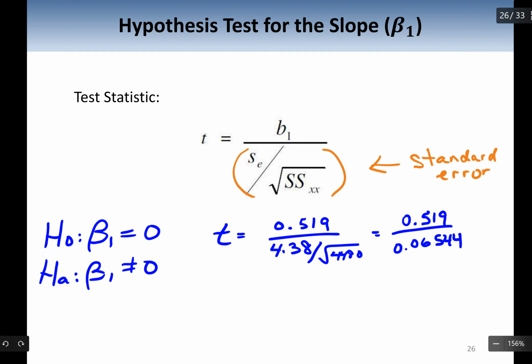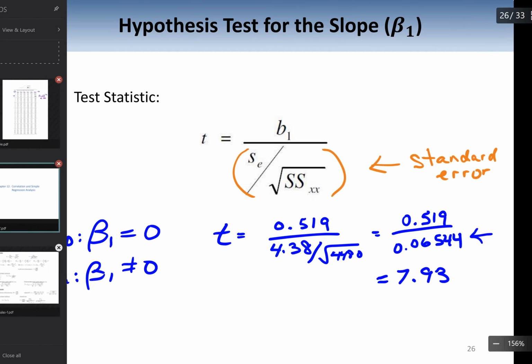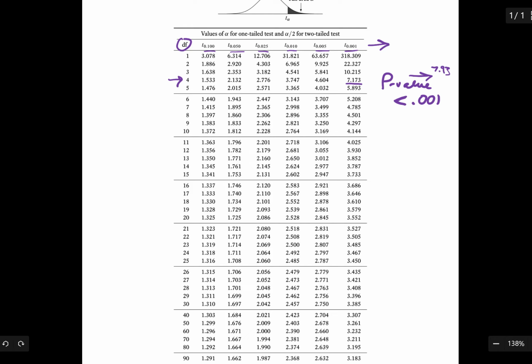So if a question asks what is the standard error of the slope estimate, you would put 0.06544. Okay, we divide that out, and it would be 7.93.